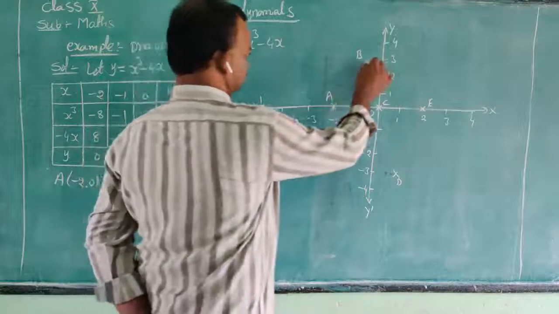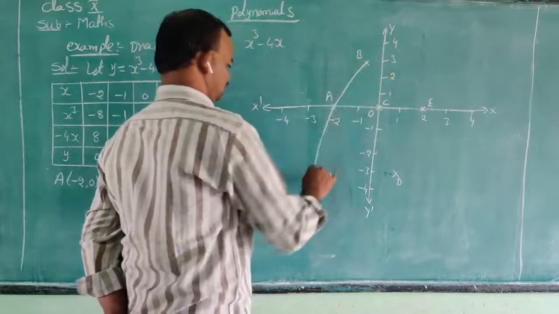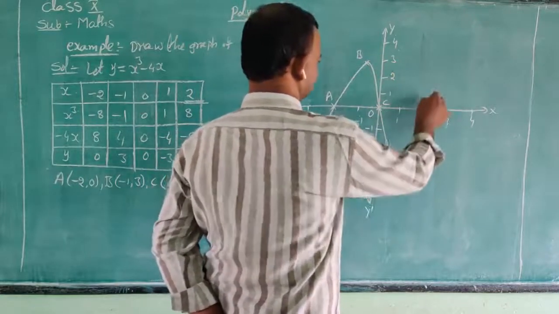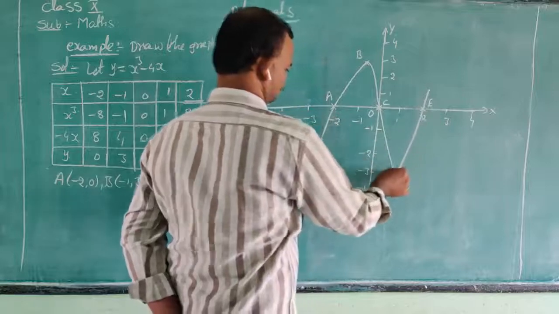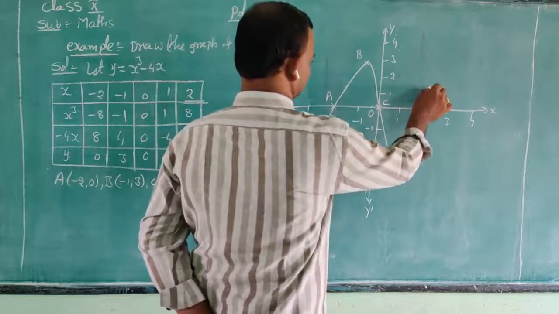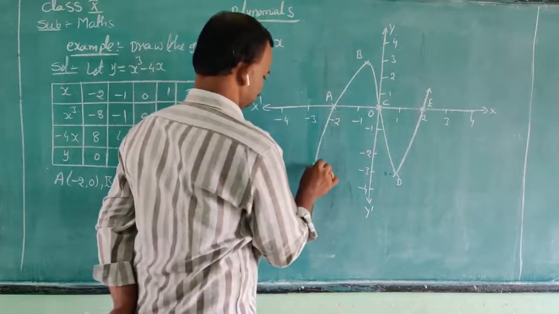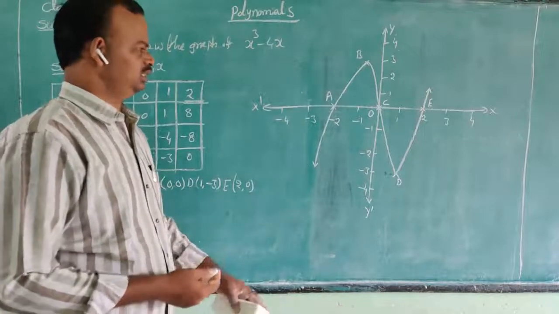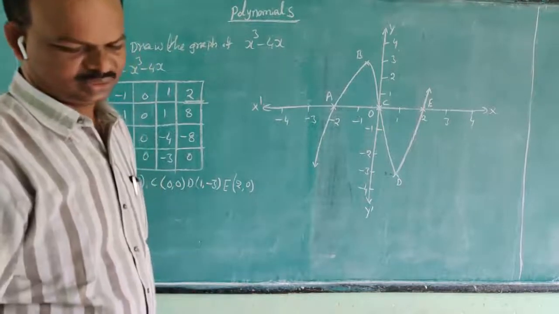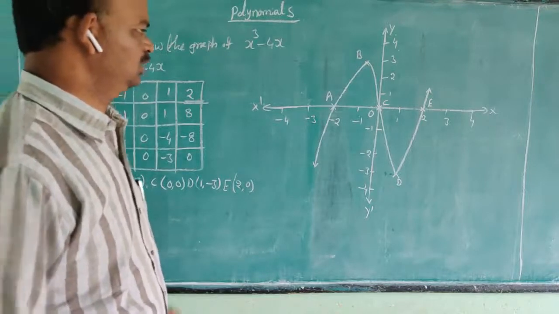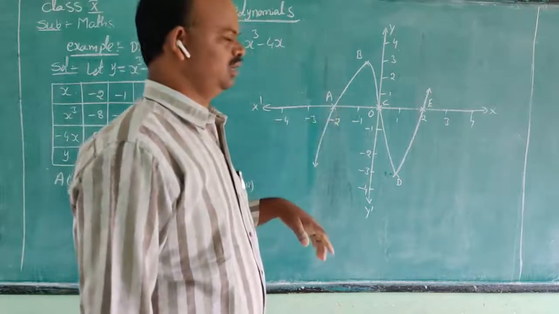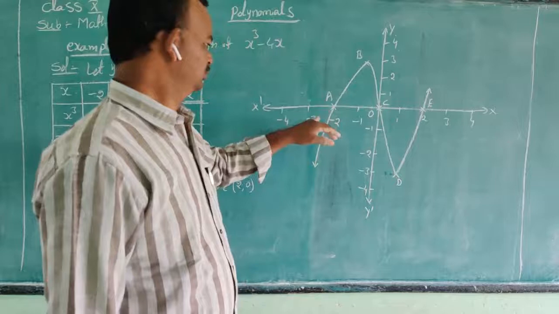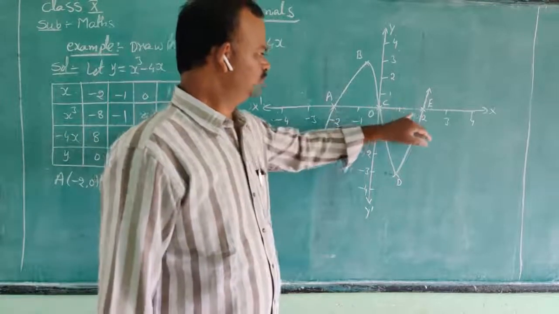Join these points. The graph touches the x-axis at 3 points. These points are called the zeros of the polynomial, that are minus 2, 0, 2.